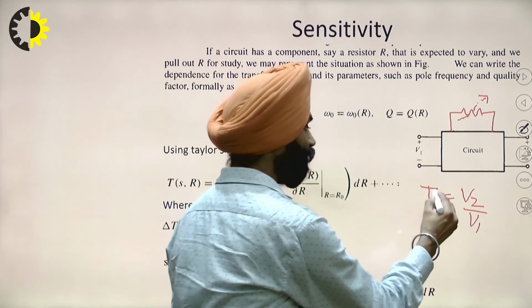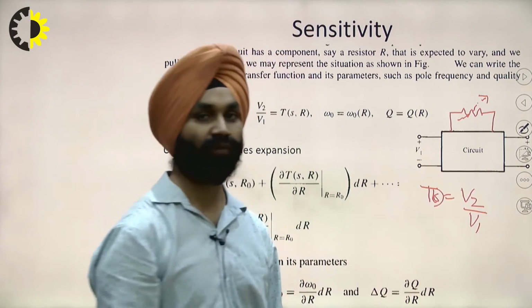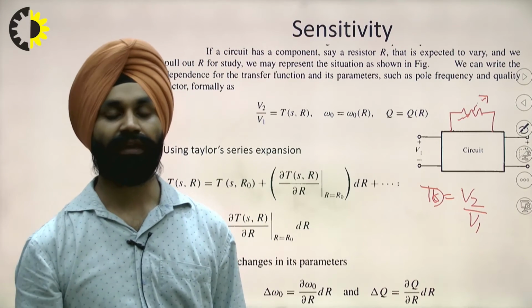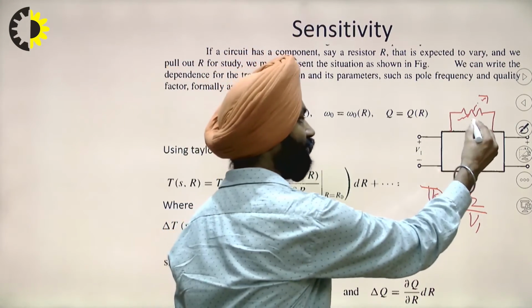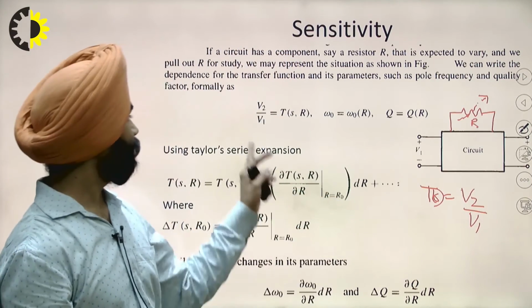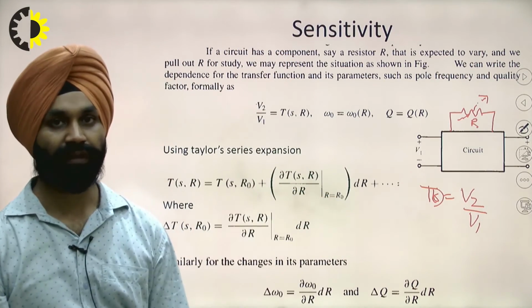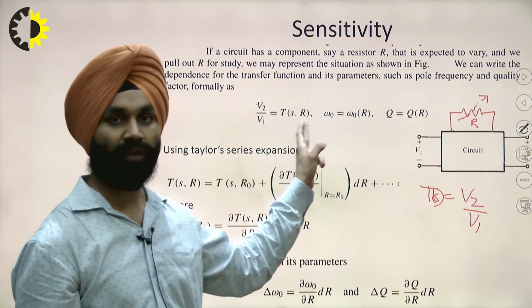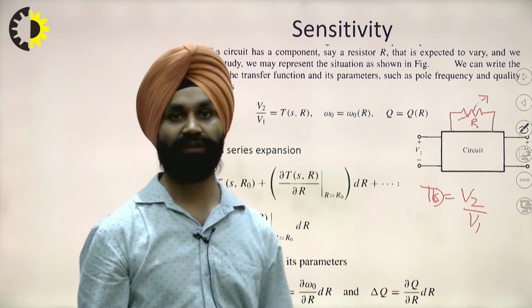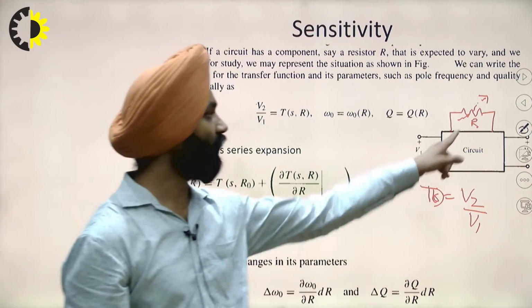So if I want to write T(s) is equal to V2 by V1, the transfer function is also a function of this R. So I have to write the transfer function as T(s, R), as the transfer function is also a function of R.